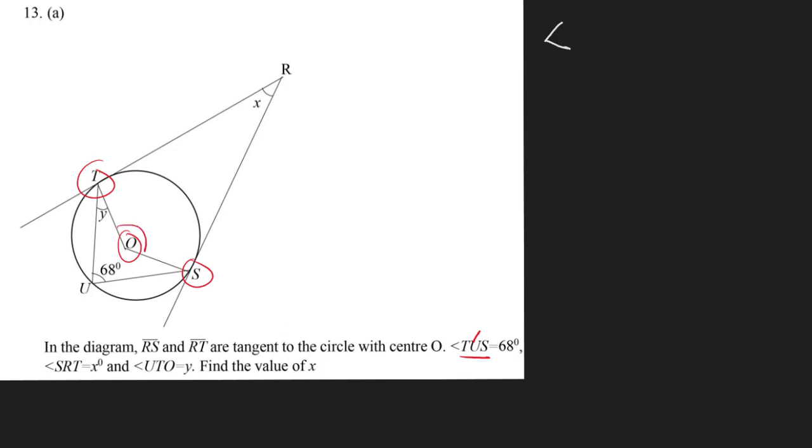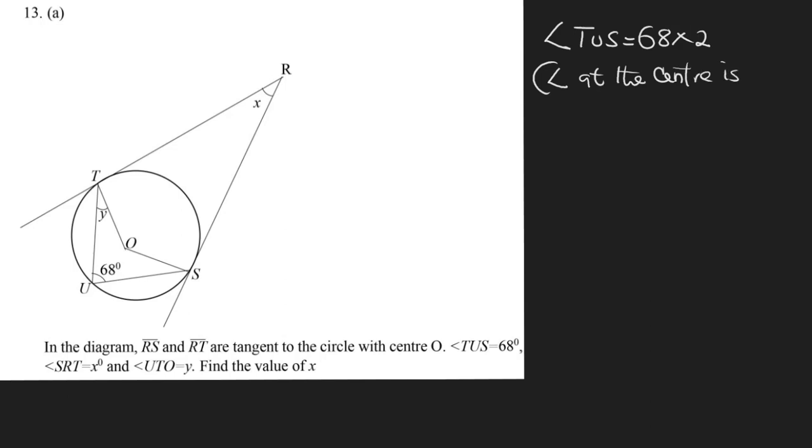So now the first thing to do is to say angle TOS, that's this angle, right? Angle TOS is equal to 68 times 2. And always write the reason of every step, because that is actually what is needed. So what's the reason? Angle at the center is twice angle at the circumference.